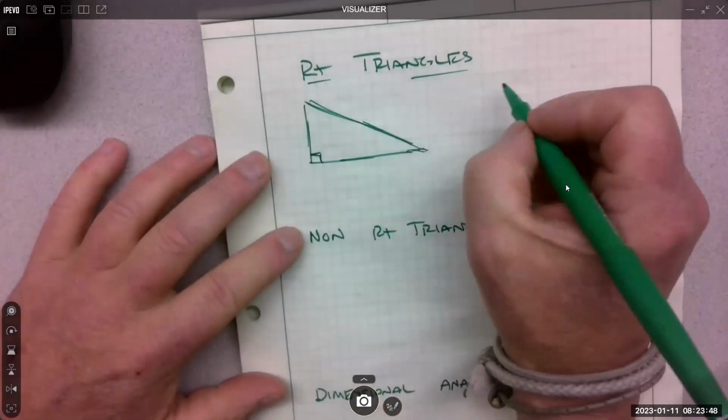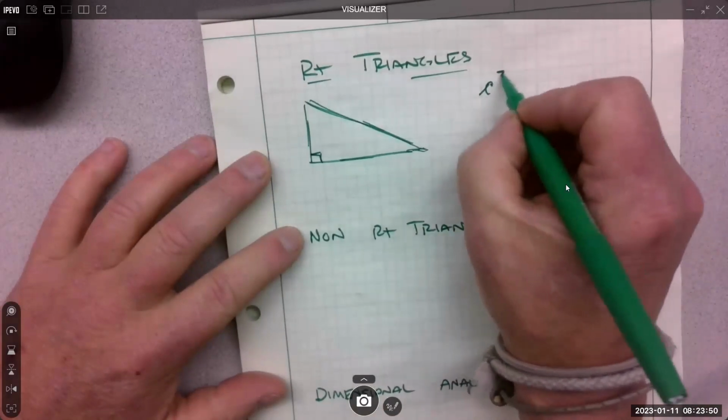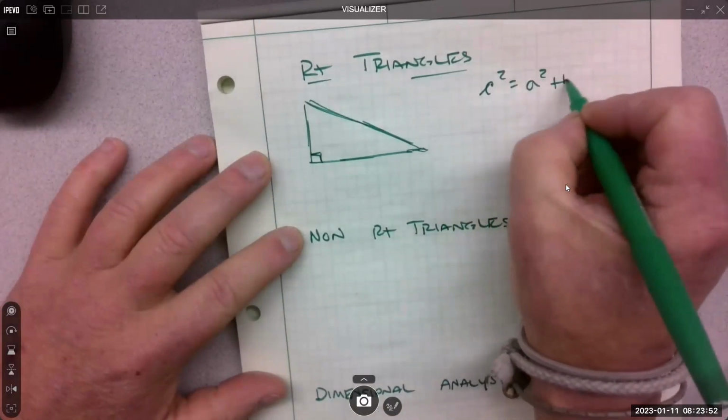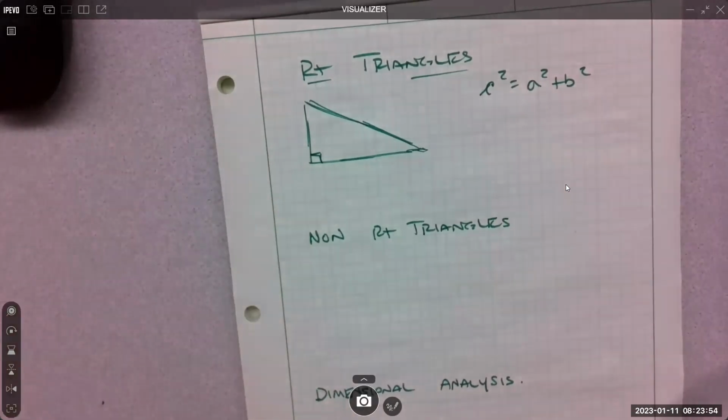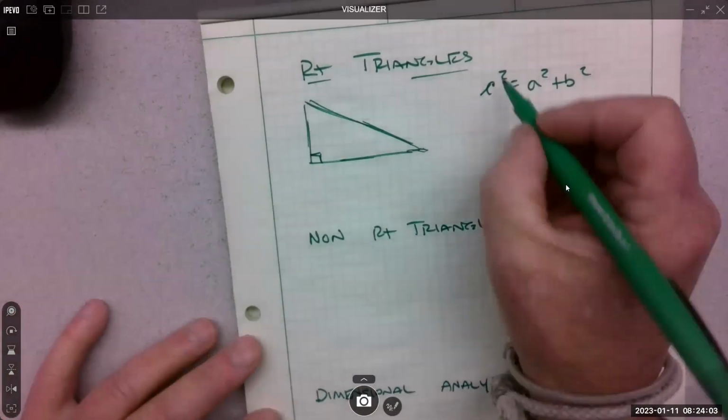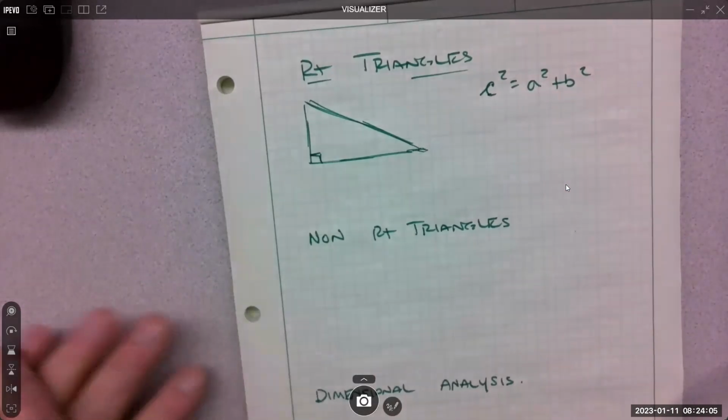So we have this formula that we can use. And then we have the, yeah, I need to know that. Pythagorean theorem, right?